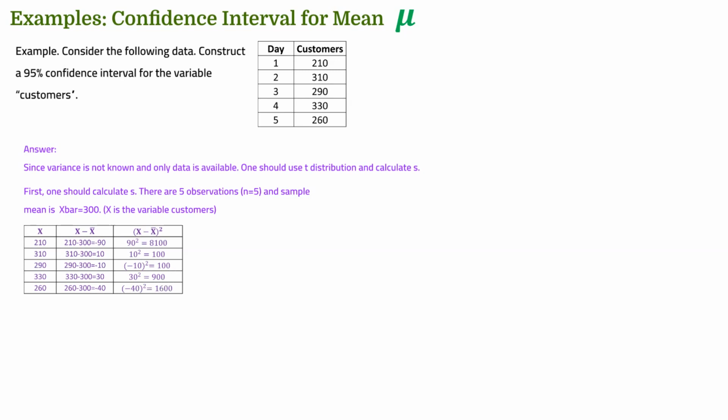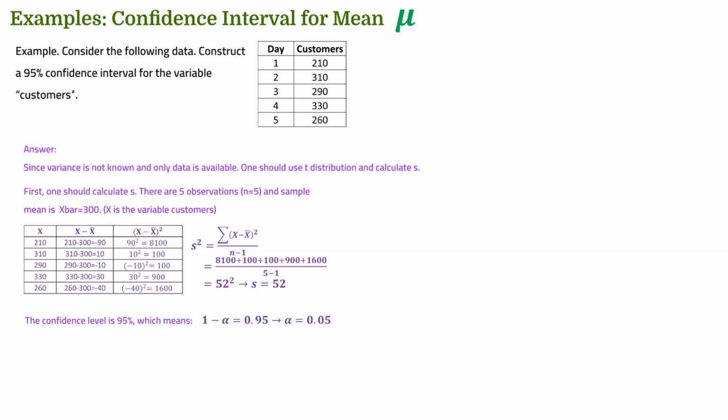And here's the table I use to calculate variance. The deviation from the mean is in the second column, and in the third column, that deviation is squared. And s squared will be the summation of the last column divided by n minus 1, and it will be 52 squared, so variance is 52 squared, and s is equal to 52.